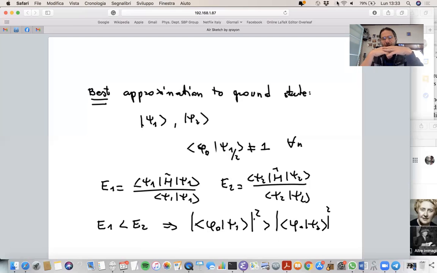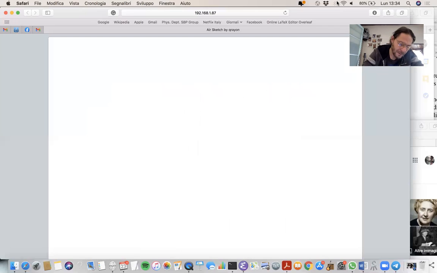So, summarizing, by finding a trial function that has a lowest energy expectation value, I find a better approximation to the ground state. And the corresponding energy would be an upper bound for the ground state energy. So let me write this.